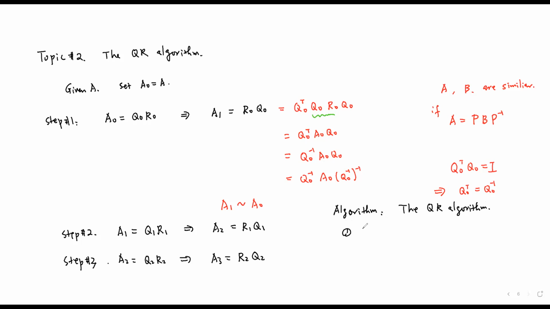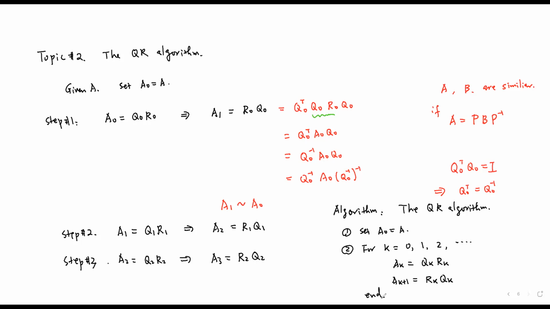Step 1: set A0 is A. Now, for k equal to 0, 1, 2, until convergence: AK has the QR factorization QK RK. Then AK plus 1 is RK times QK.